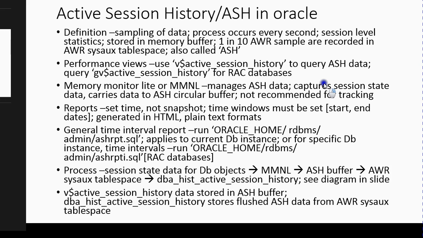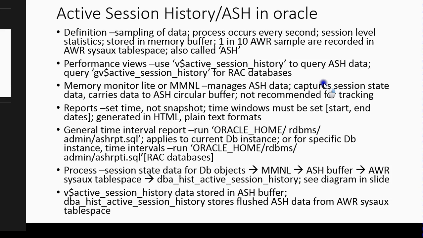This is the performance view associated with active session history: V$ACTIVE_SESSION_HISTORY. It's a dynamic performance view, and you use it to query ASH data. If you were using a RAC database mode, for instance, you would use GV$ACTIVE_SESSION_HISTORY.